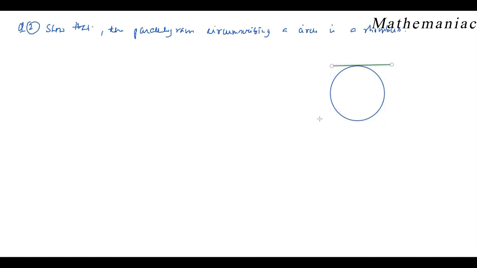We should not consider a parallelogram, because it will not be possible if you draw it here. So I will consider a rhombus. This is the rhombus we have drawn.